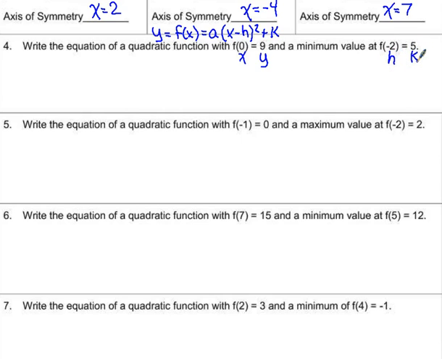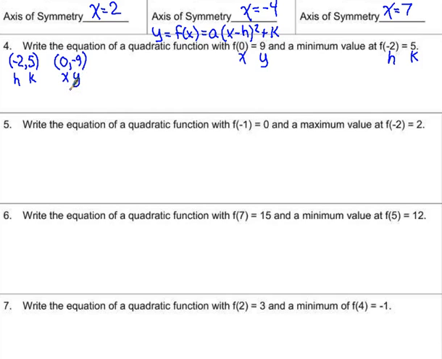What I'd like you guys to do is get in the habit of writing down the information before you get going. It takes a few extra seconds, but when you're plugging things back into the equation, it will help you keep the sign straight and which values you have. So negative 2 is equal to h, and 5 is equal to k. And then we have our other coordinates, which are 0 and 9. So that is your x, and that is your y.